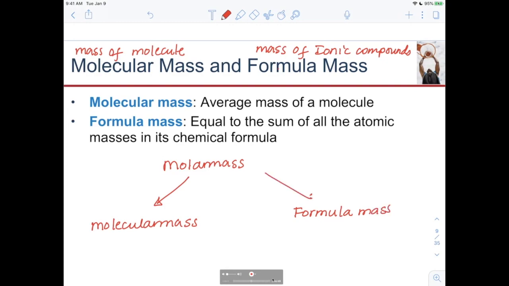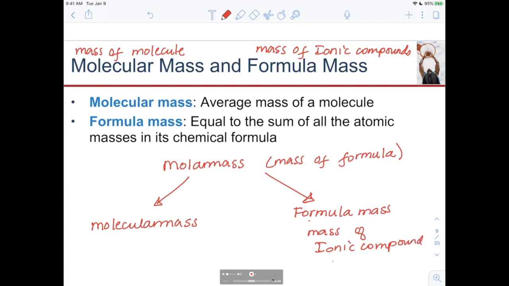Okay. So when I was taking this class years ago, I didn't know there was a difference. Now here, molar mass, molecular mass, formula mass, and I'll get so confused. I'm like, why are we using so many different terms for the same thing? Molar mass is just the mass of a formula. It doesn't matter what type of formula you have. And then formula mass is the mass of an ionic compound.